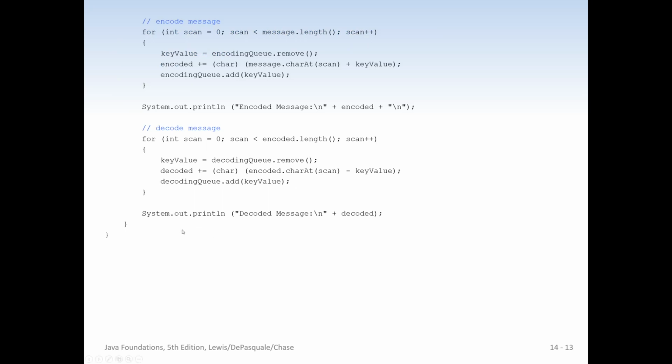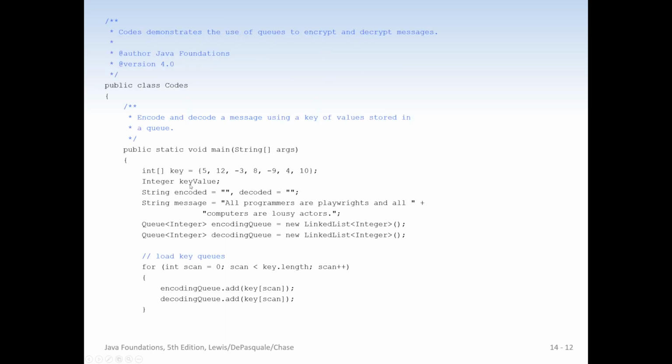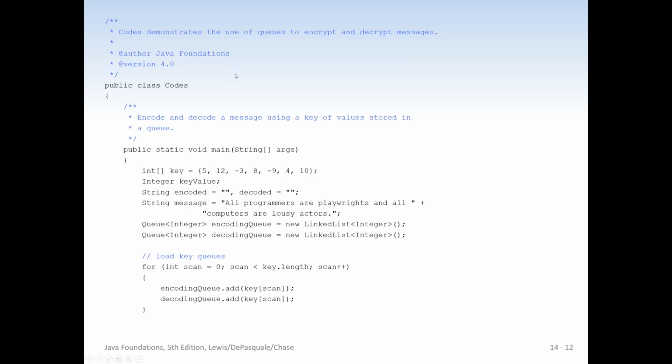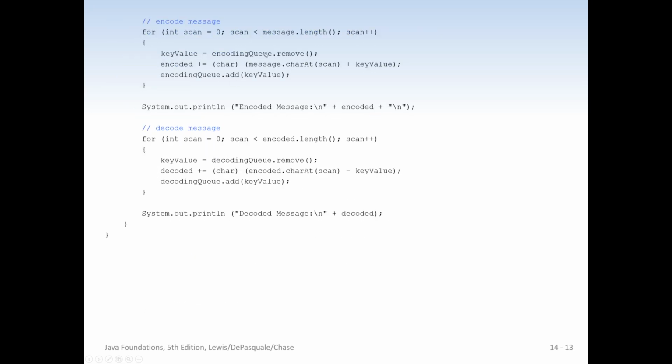So let's look at when we encode our message. We say key value equals encoding queue.remove. So remove the first one off the queue, which remember is going to be the 5. It's FIFO, first in, first out. So the first one we put in was the 5, and we're going to get the 5. We're going to encode this by adding the key value to the character.